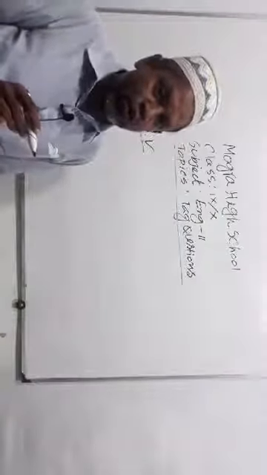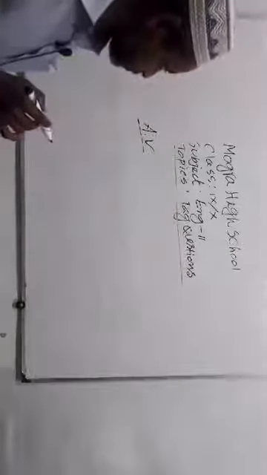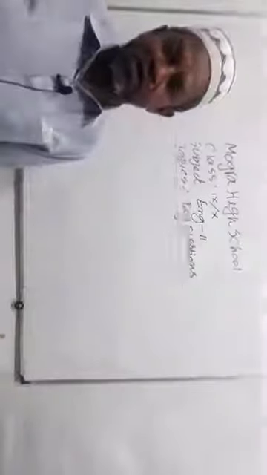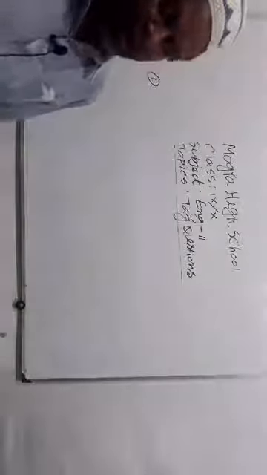You must have a clear idea about auxiliary verbs if you want to do tag questions. I will tell you later which are the auxiliary verbs. Number one: if the statement is affirmative, the tag will be negative, and if the statement is negative, the tag will be affirmative. Follow the board.